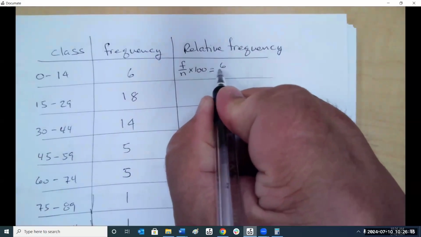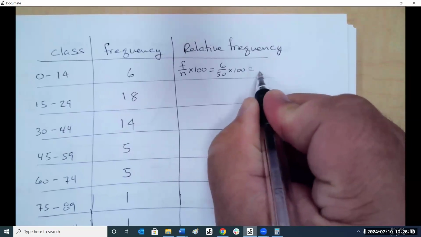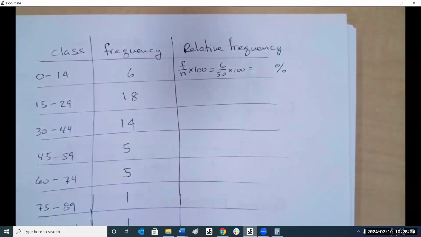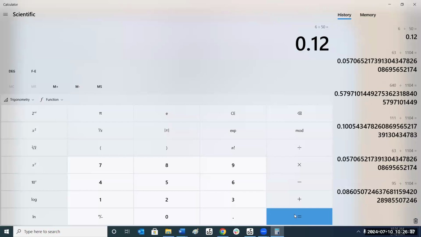So we have 6 divided by 50 times 100. That'll give us some percent. So we have 6 divided by 50 equals 0.12, which is 12%.